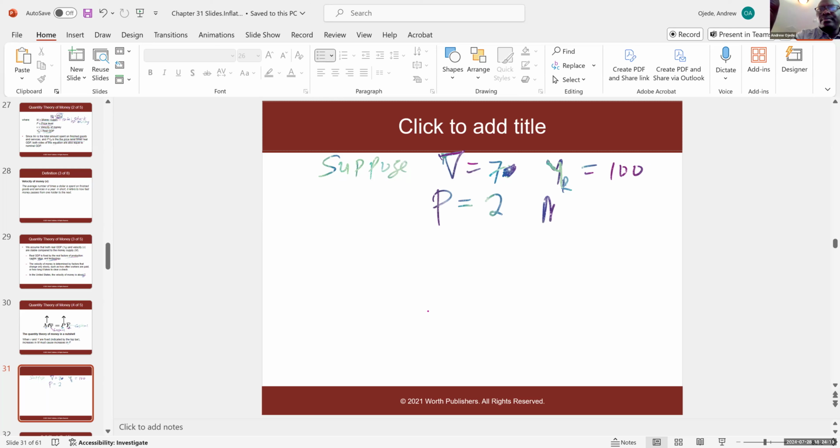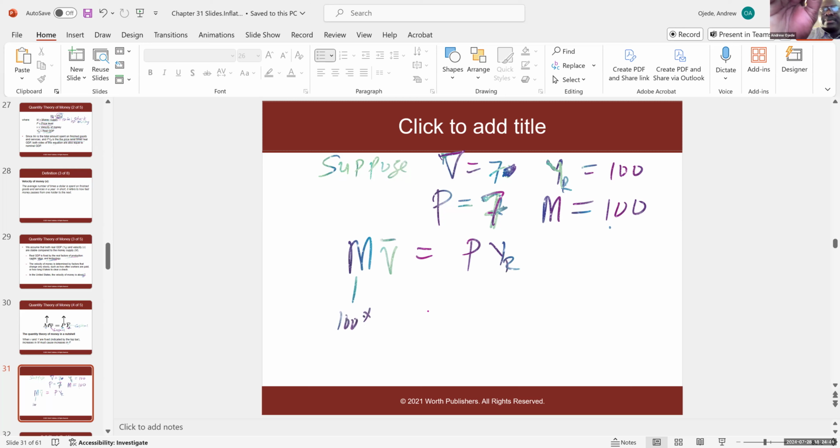Let's say P was 7 too, and M was 100. If I multiply M times V bar, that must equal P times YR. Your M is 100 multiplied by V, which is 7. That gives you 700 on the left. That must equal P, which is 7, times YR, which is 100. So it's true.